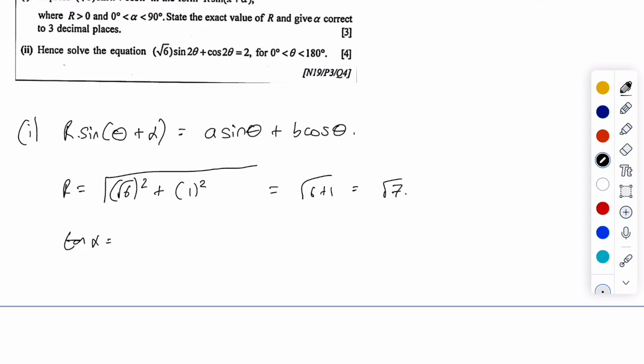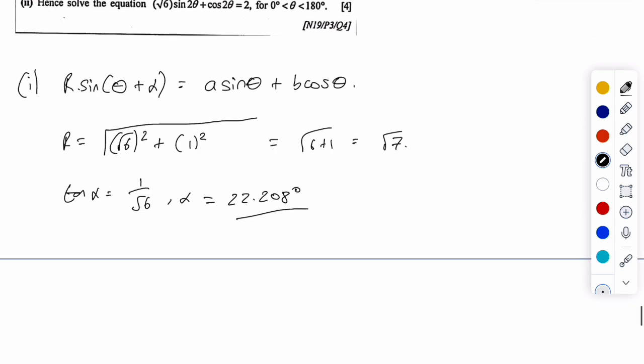Therefore that's going to equal 1 over root 6, which equals 22.208 degrees.